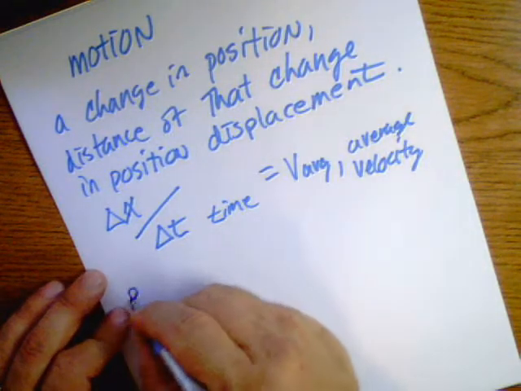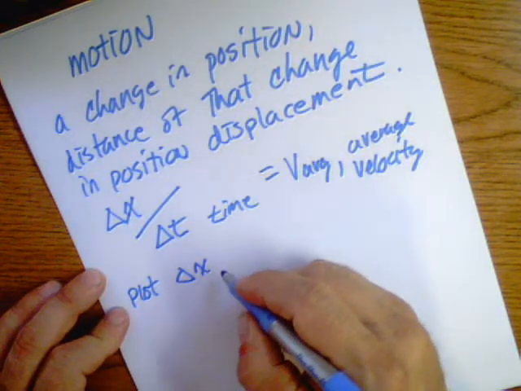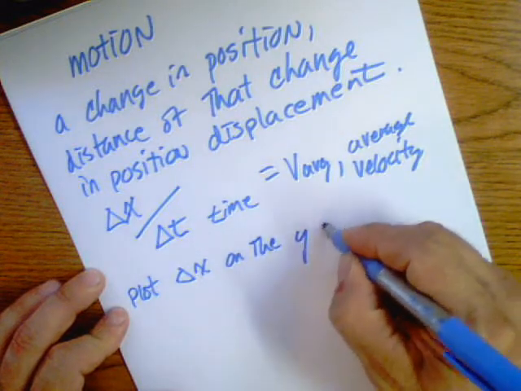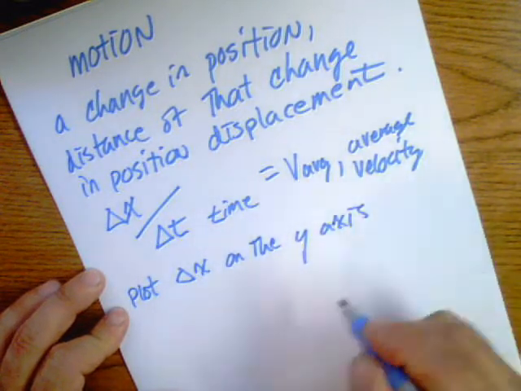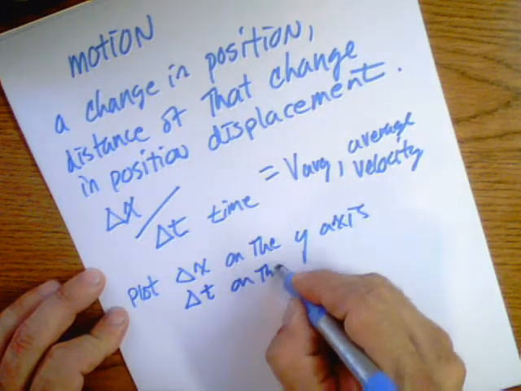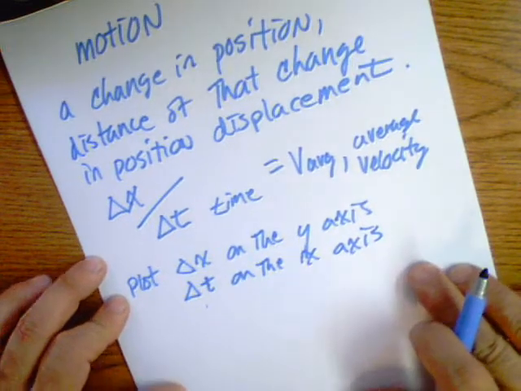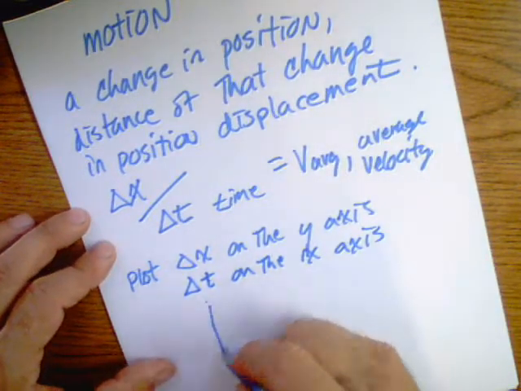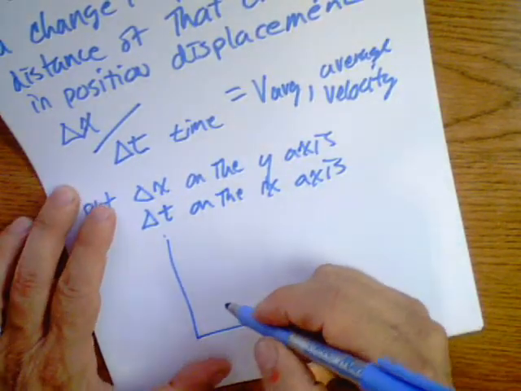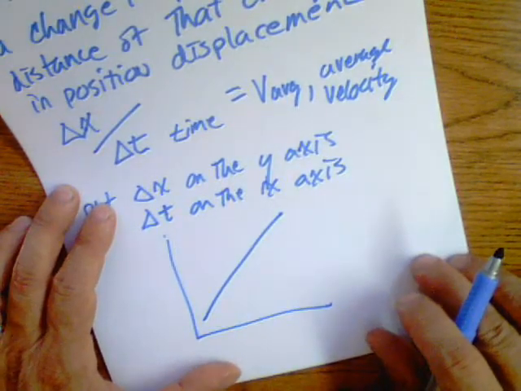That's why velocity can be positive or it can be negative. So if you plot delta x, or displacement, on the y-axis and delta t, which is time, on the x-axis, then you should have a straight line if there's constant velocity.